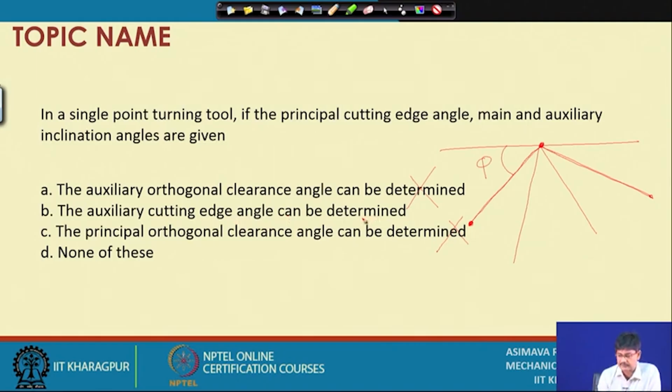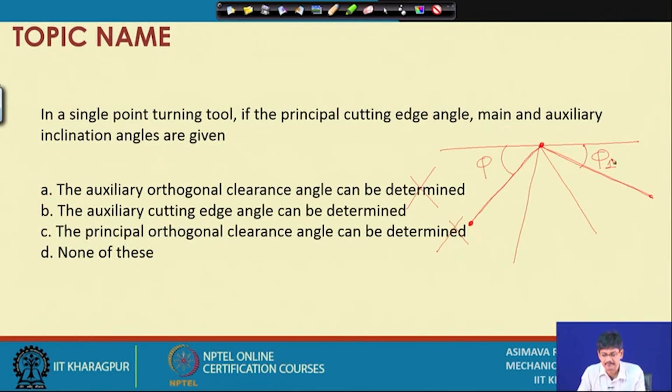Auxiliary cutting edge angle is this one, let me draw it. Phi 1. Suppose we know the auxiliary cutting edge angle.